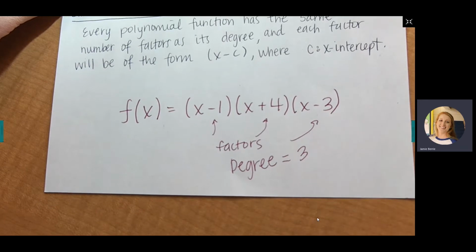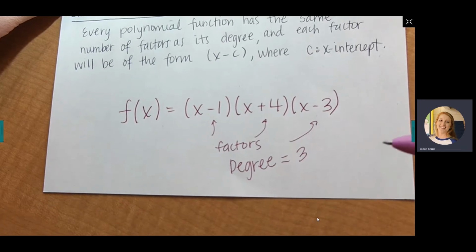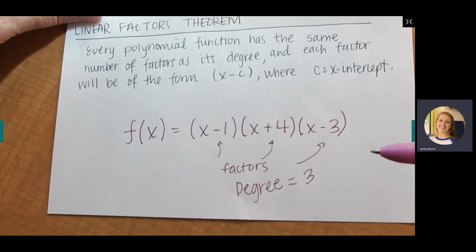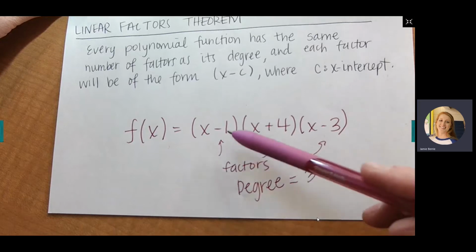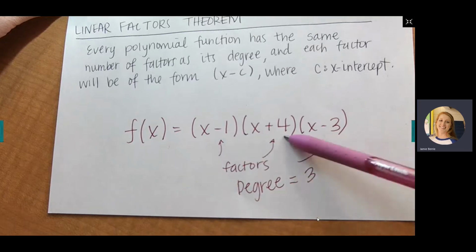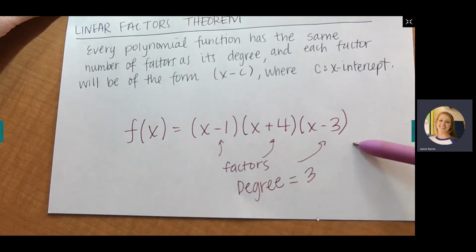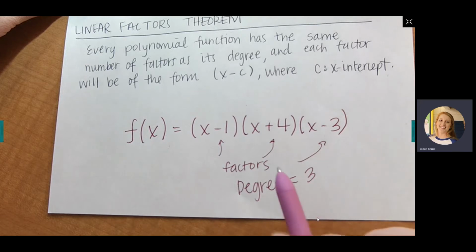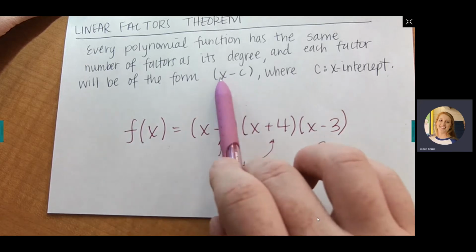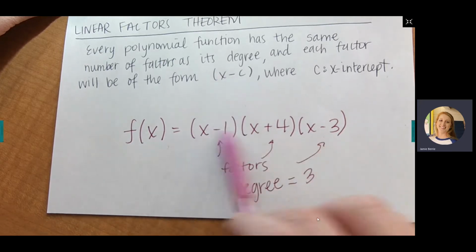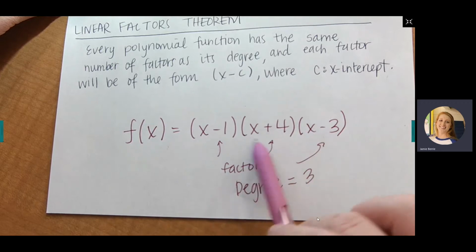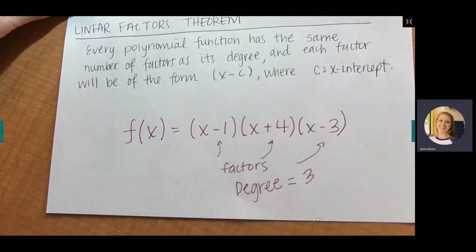And the last thing that the linear factors theorem tells us is we can super quickly identify all of the x-intercepts if it's in this factored form. Remember, it has to be in the form x minus c. This one's okay. This one's okay. This one you would have to change that positive to a double negative.